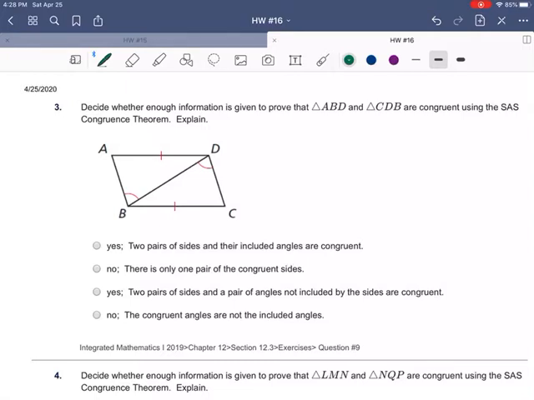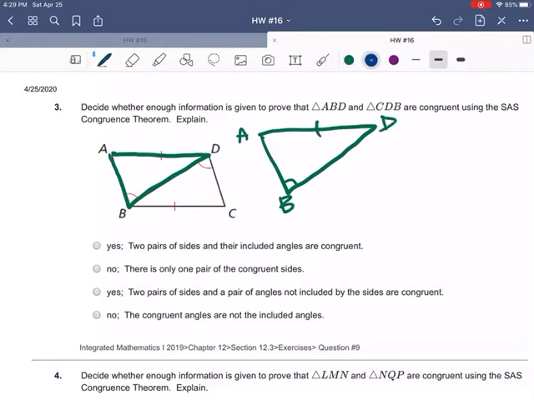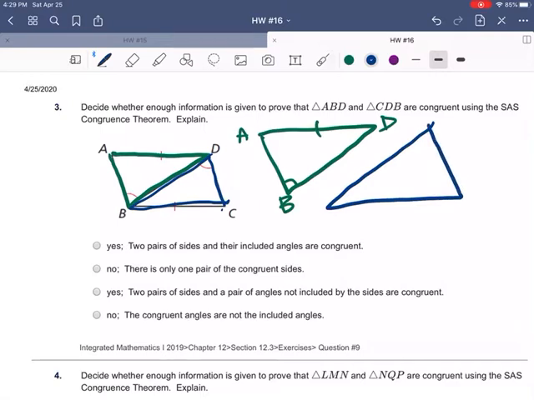Okay, number 3 says decide whether enough information is given to prove that triangle ABD is congruent to triangle CDB. I'm trying to draw this triangle over here. From what I just drew there, it doesn't look congruent, does it?